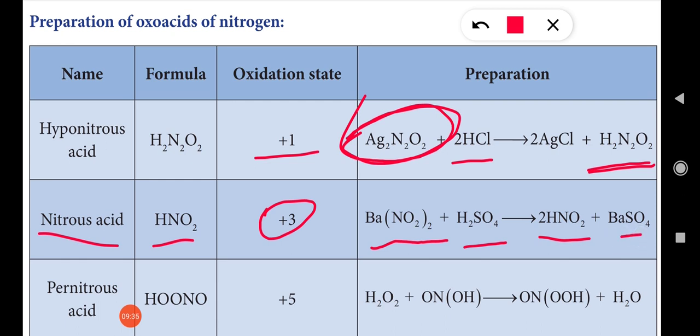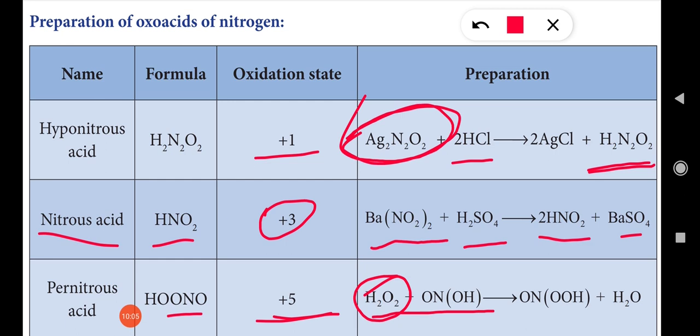Then pernitrous acid. Its molecular formula is HOONO. It exists in +5 oxidation state, and it can be prepared from hydrogen peroxide.